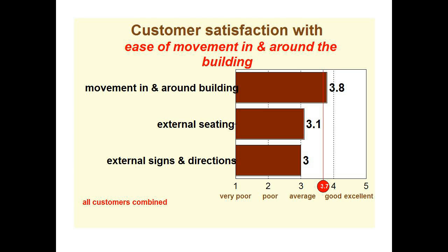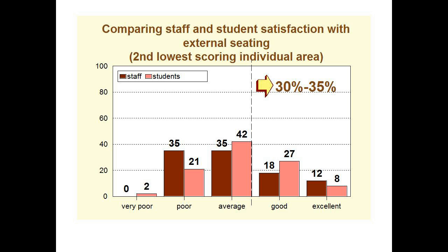External seating, getting a 3.1 result, is very interesting. It relates back to our result with foyers as well. Areas where people like to meet, spend time or otherwise meet other people before and after meetings, before and after lectures, those types of things.